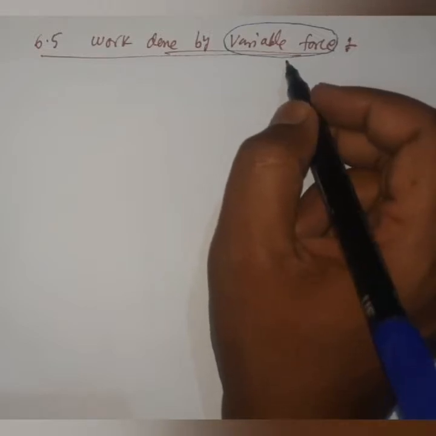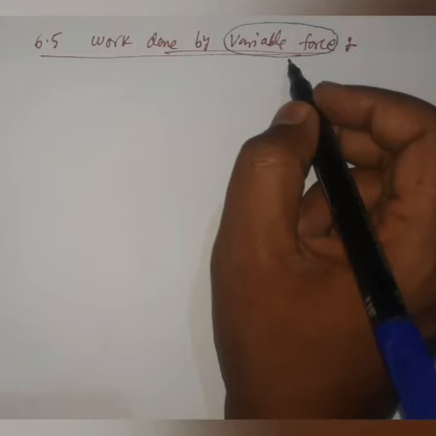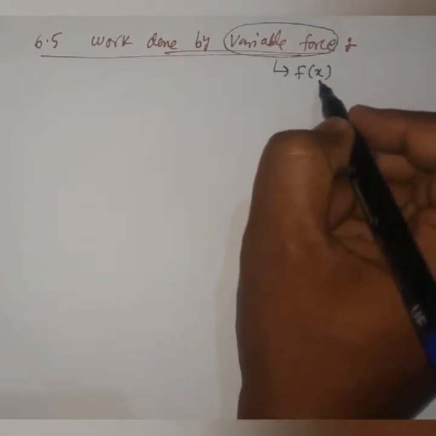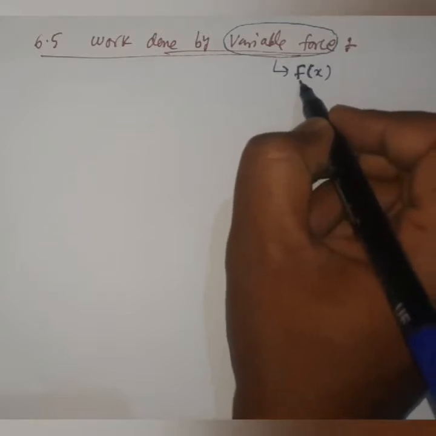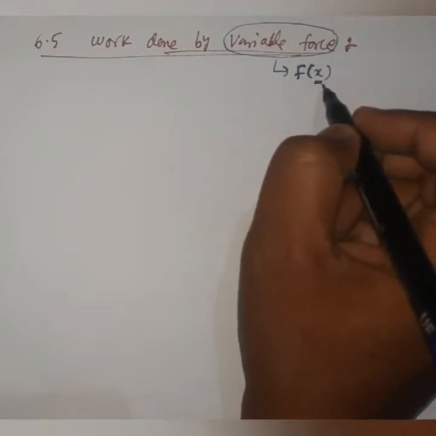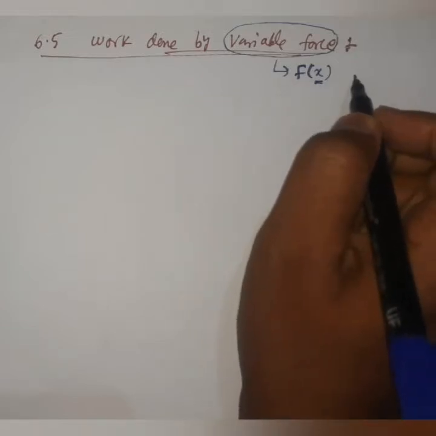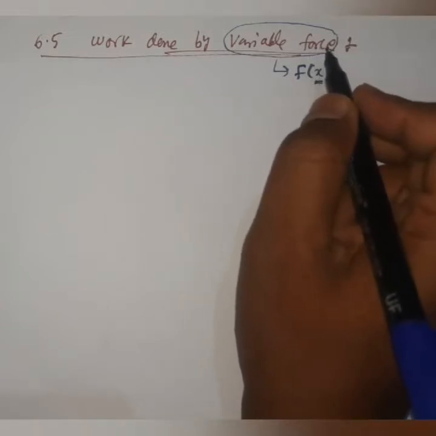It is a function of displacement. So here force is a function of displacement, f of x. The force depends on x. The force that changes with displacement is known as variable force.